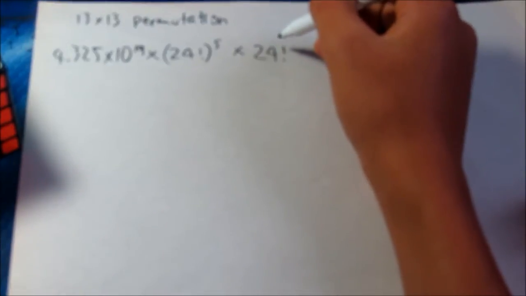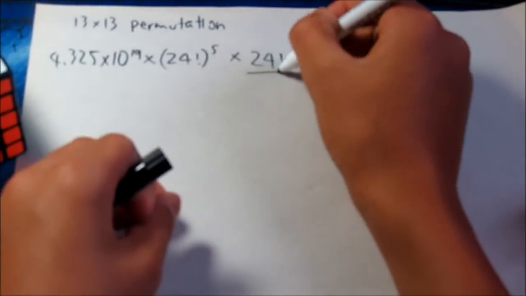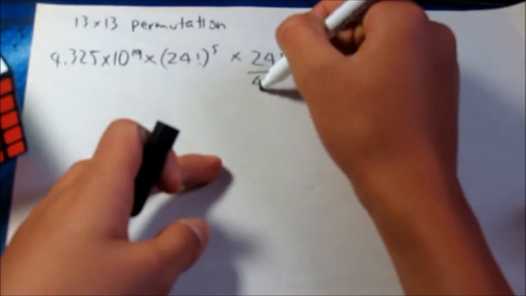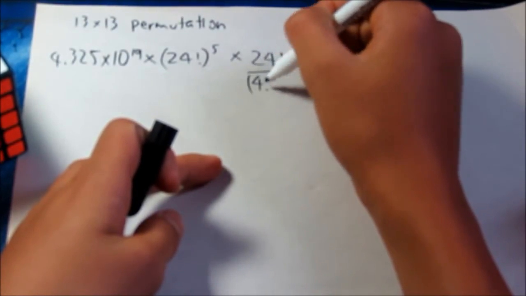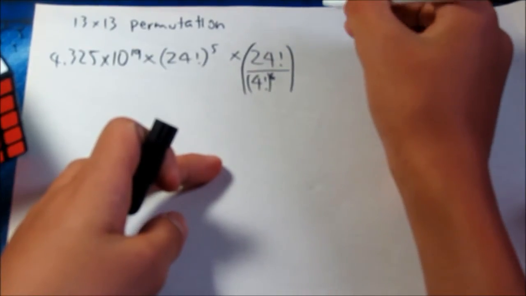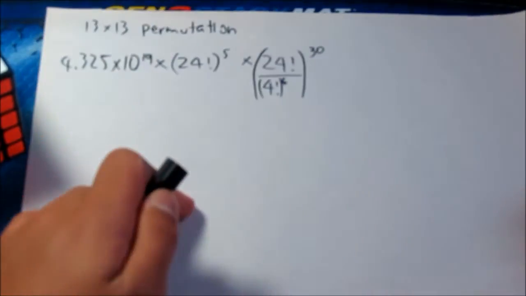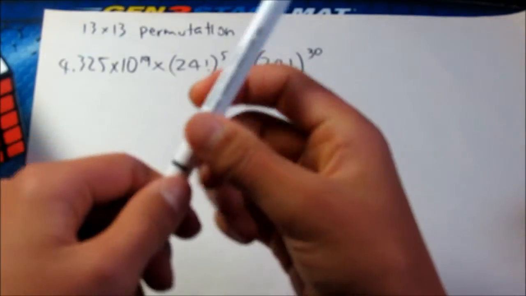But you have to divide by something here. There's 4 colors, 4 pieces for each color, so 4 factorial. There's 6 sides, to the power 6. And all that you take to the power 30, because there's 30 different types of center pieces on 13x13.